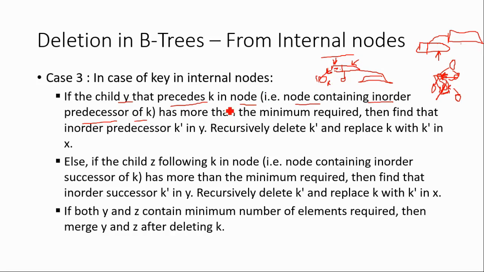Now if the child has more than the minimum required, such that deleting any node from this part will not cause an underflow, then find the in-order predecessor k' in y. We first find the in-order predecessor there, which is generally the last element.